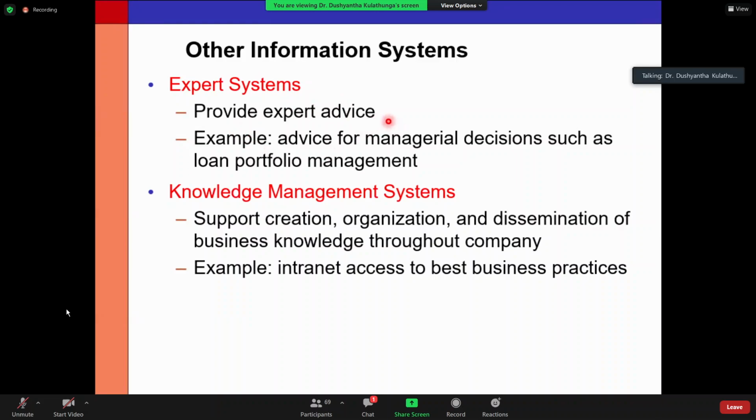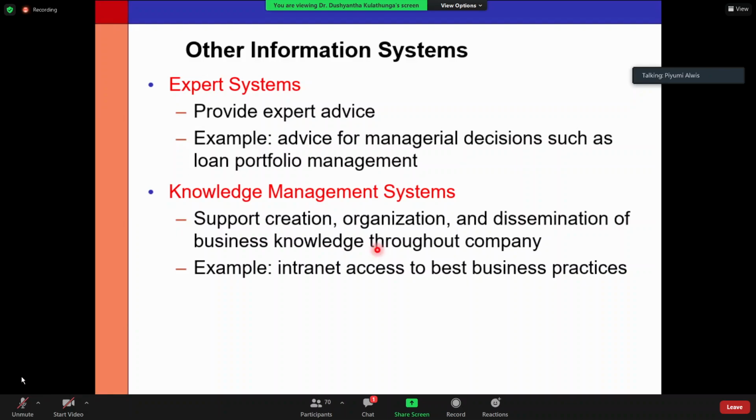By doing some deep analysis, it may identify hidden relationships which you could not identify utilizing other systems, which may be new knowledge for the organization, which may then be connected with the knowledge management systems. Did I answer your question, or do you still have the problem?